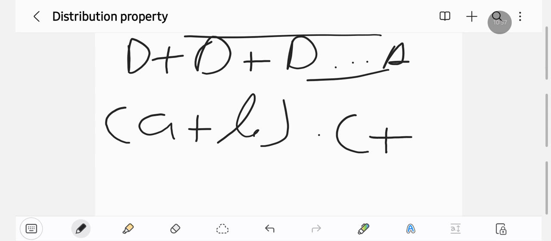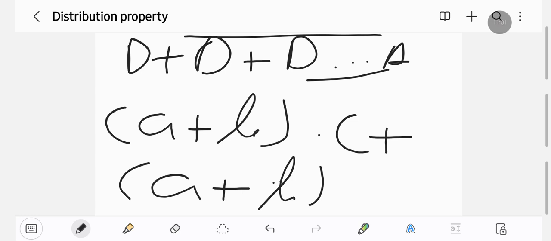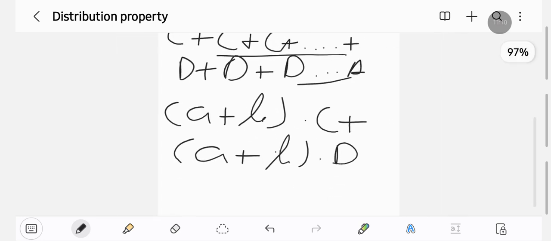Now again we can write a plus b times d, right? D was added a plus b times in the previous expression, we just grouped them.